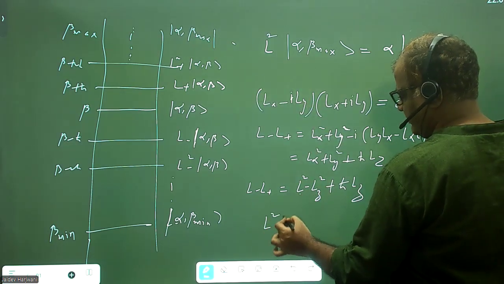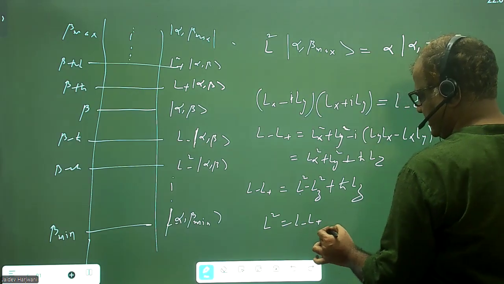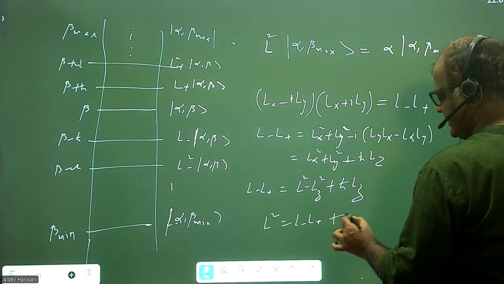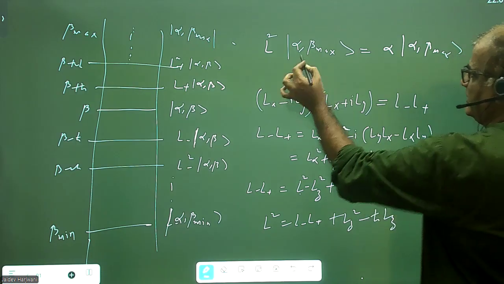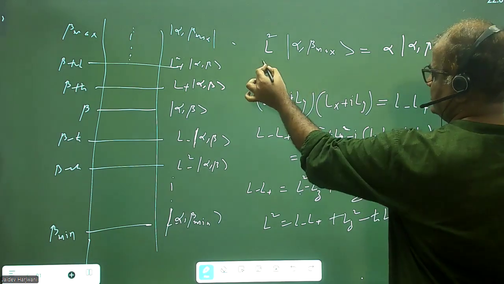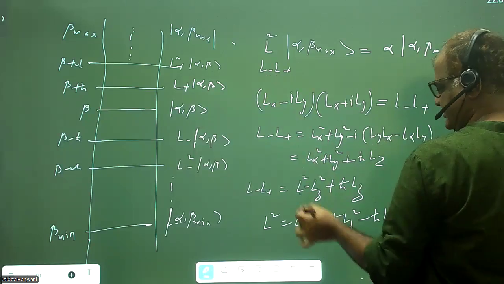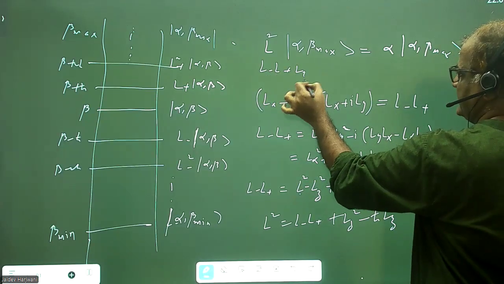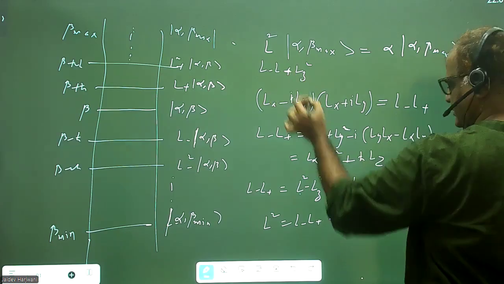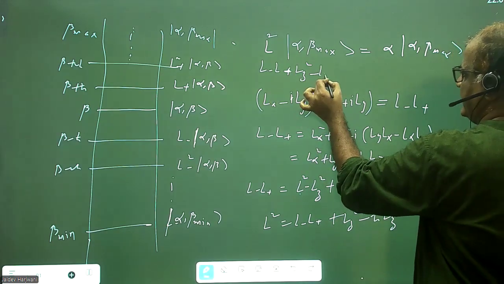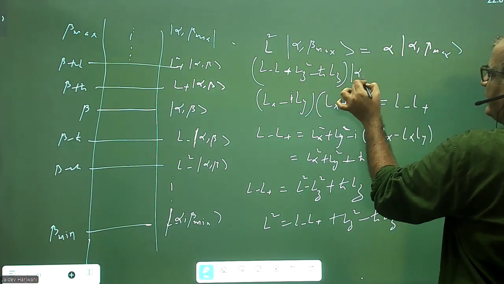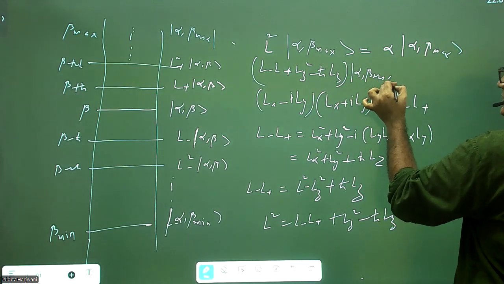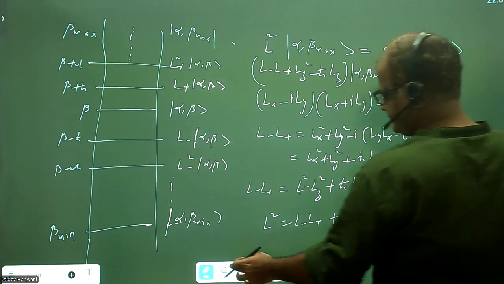So L square will basically be L minus L plus plus Lz square minus h cut Lz. Here I will operate on alpha beta max. Now see what happens.